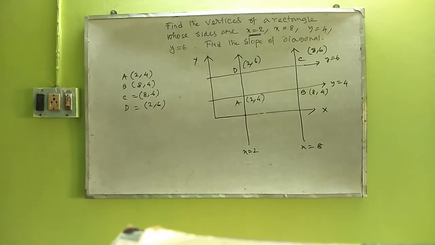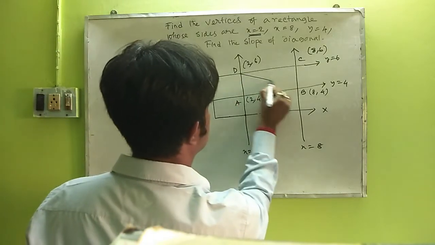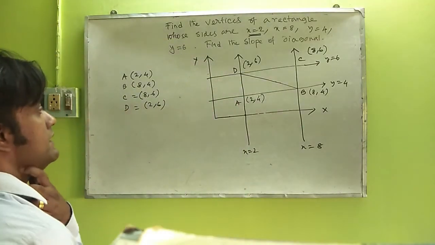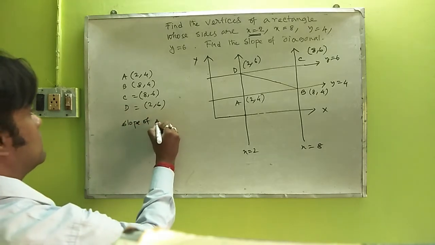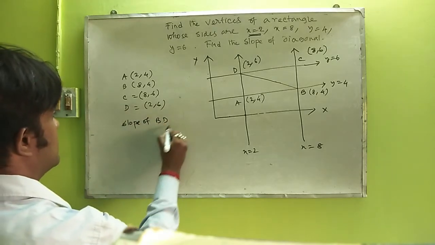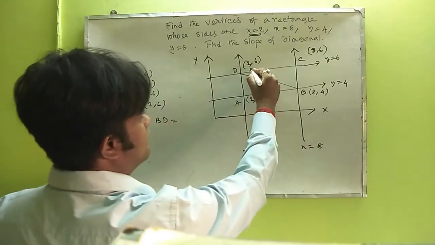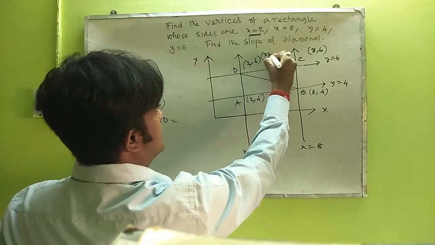Now if we join B and D, we get a straight line. So slope of BD is equal to y2 minus y1 by x2 minus x1.